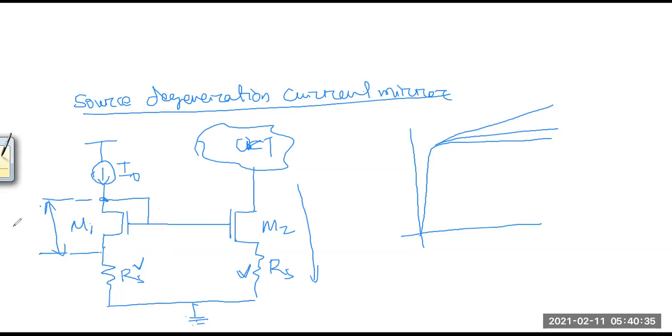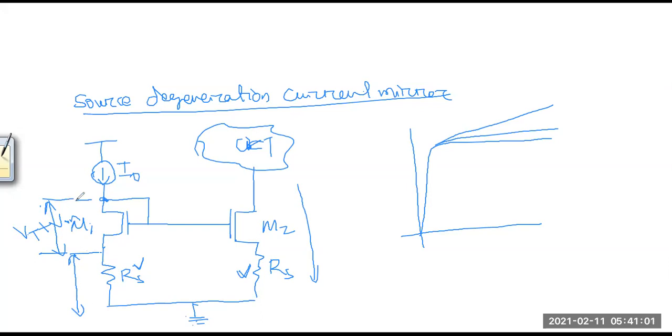Okay, yes sir. This is VT. This is VT plus V on. V on is nothing but VGS minus VT, or V effective, V overdrive like that. Now, what is this value? I naught into RS. So if the resistance is high, then some voltage will be dropped here.